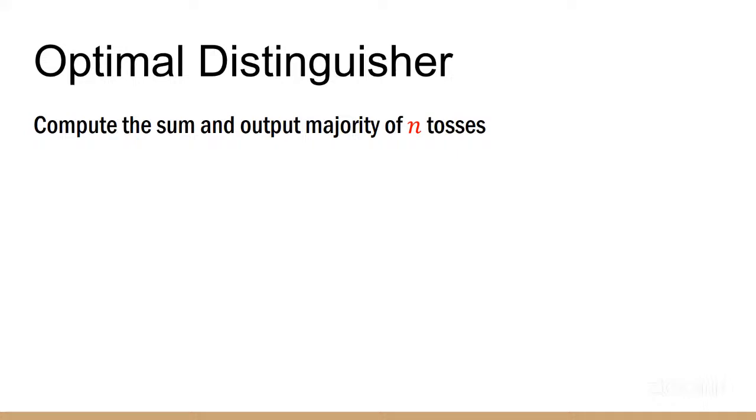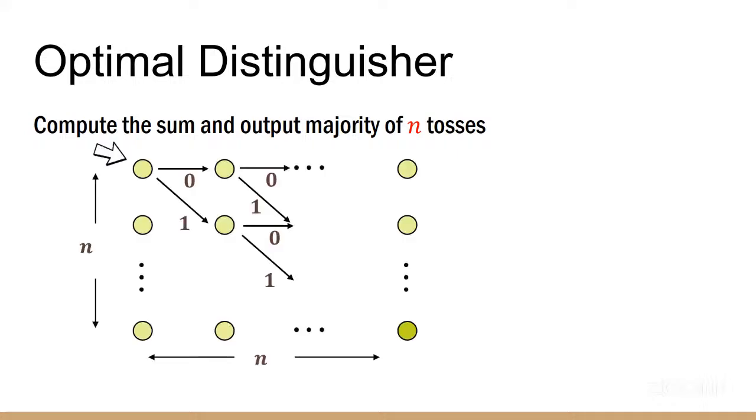If the number of heads is greater than the number of tails, you say it's biased towards heads. If the number of tails is greater than the number of heads, you say it's biased towards tails. So this is the optimal distinguisher, and let's see what a read once branching program that computes this looks like.